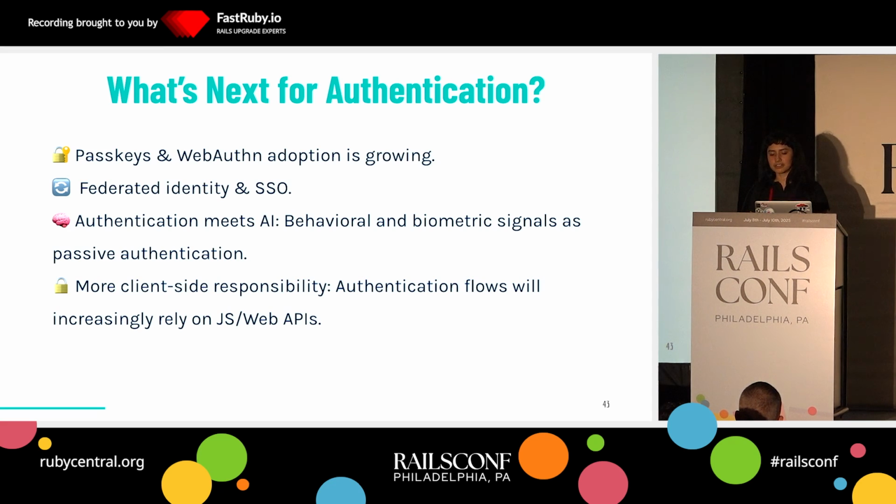All these subtle signals are stored in the background. And then machine learning models are used to build a behavioral profile of your session. So if a session deviates from this profile, it can trigger re-authentication, for example, or send a risk score.